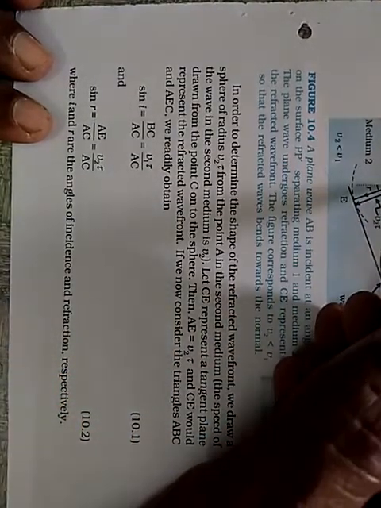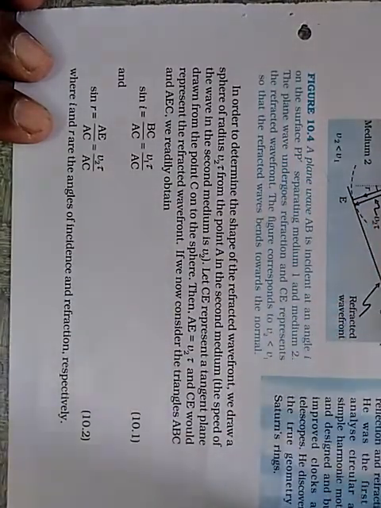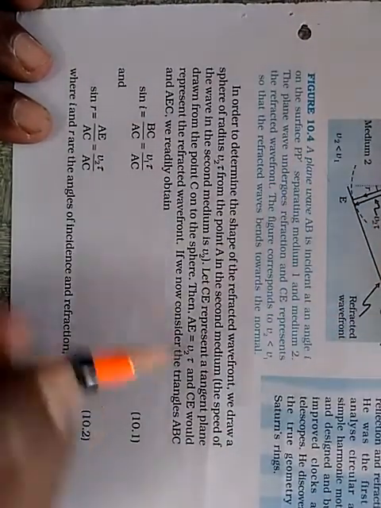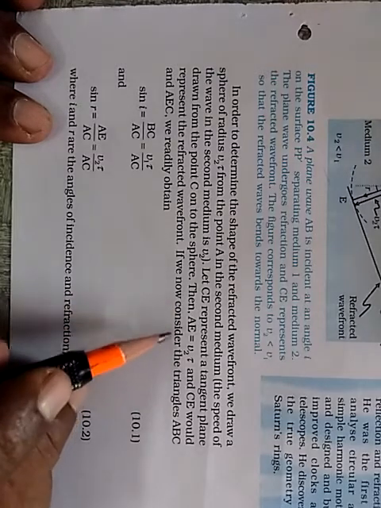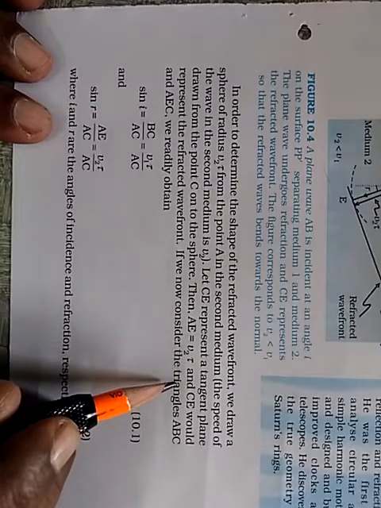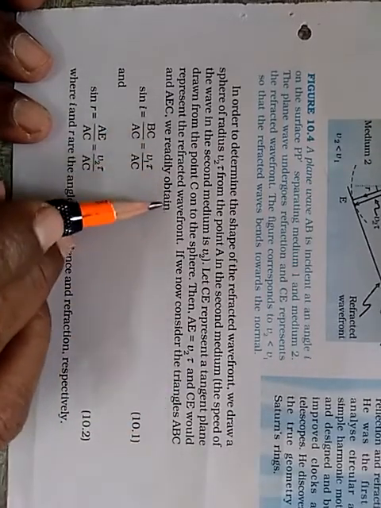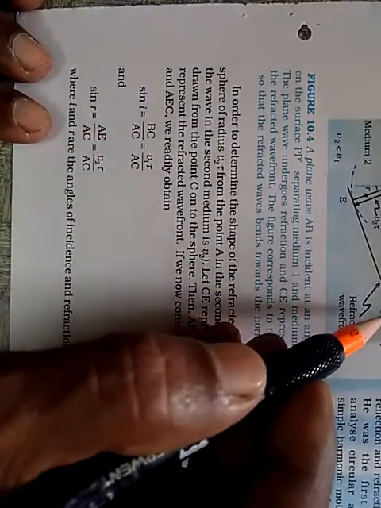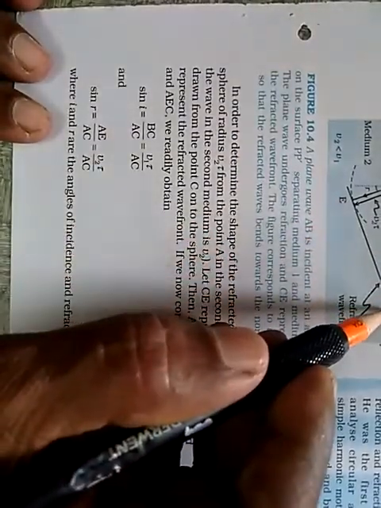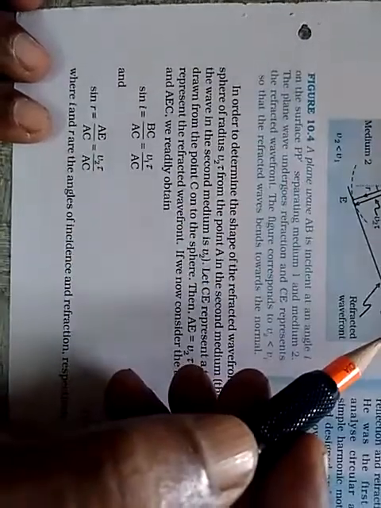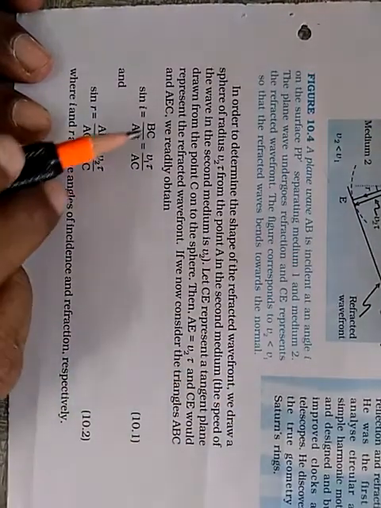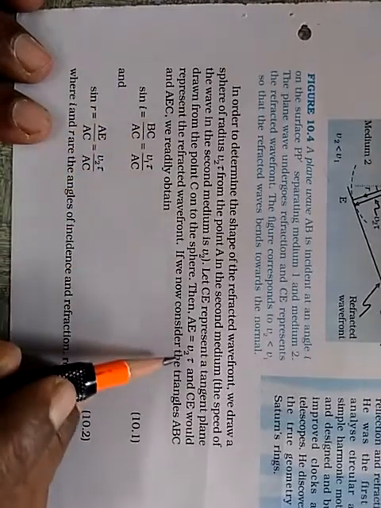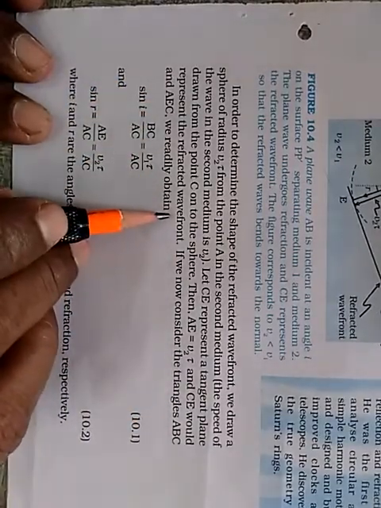That is the distance travelled from A to E by the wave, which is velocity in medium 2 multiplied by tau, where tau is the time taken. So AE is equal to V2 tau and CE represents the refracted wavefront. So the refracted wavefront is nothing but this C and E.